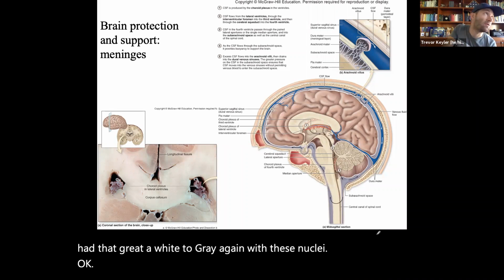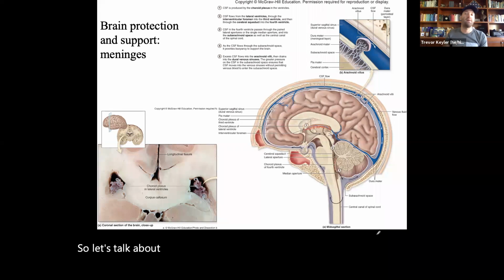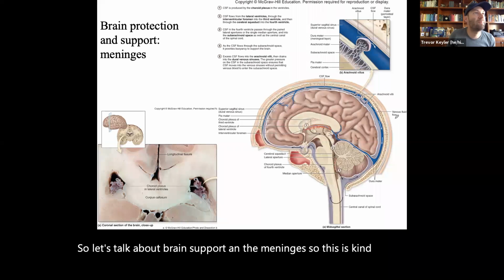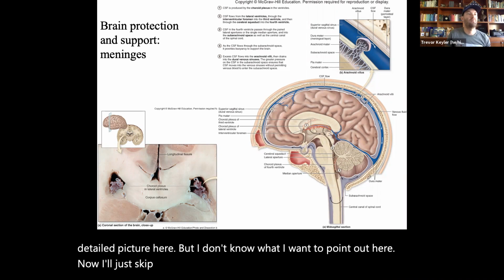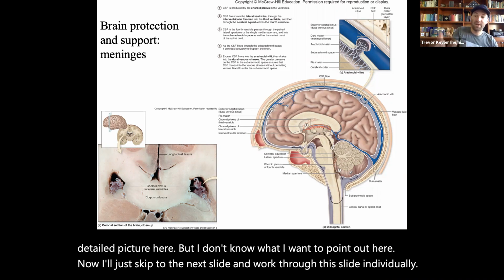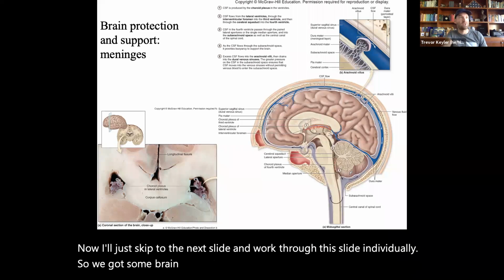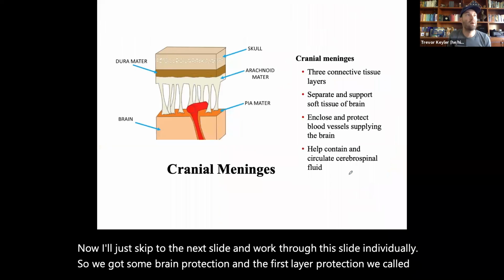So now let's talk about brain support and the meninges. This is kind of a detailed picture here, but I'll just skip to the next slide and work through this slide individually. So we've got some brain protection, and the first layer of protection we call the cranial meninges.